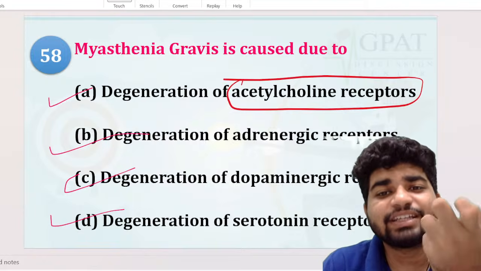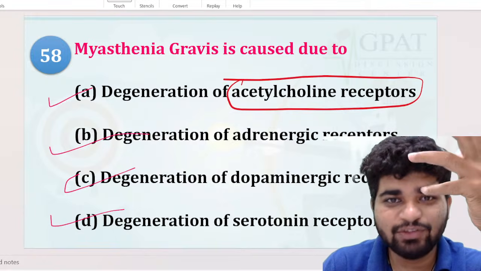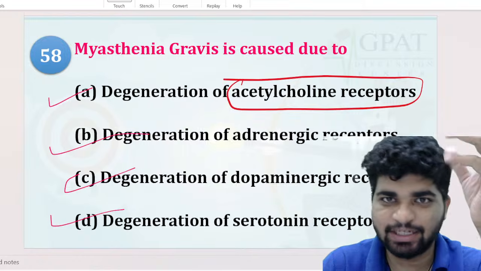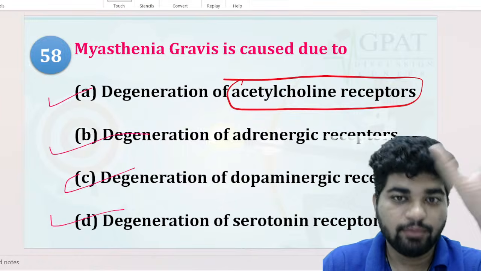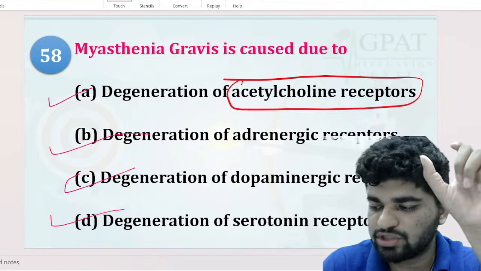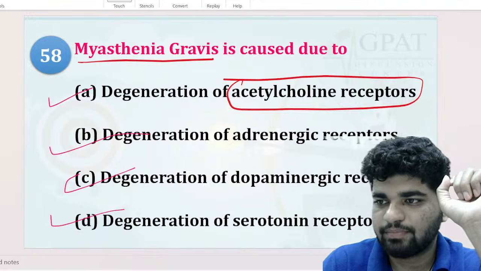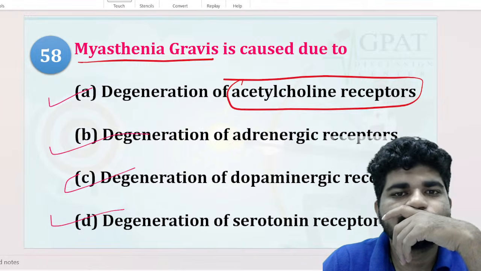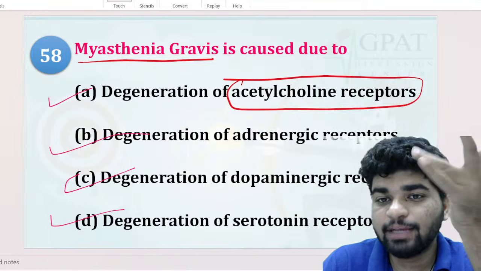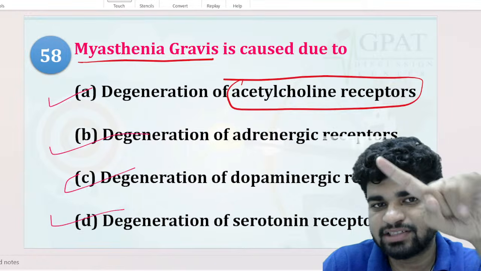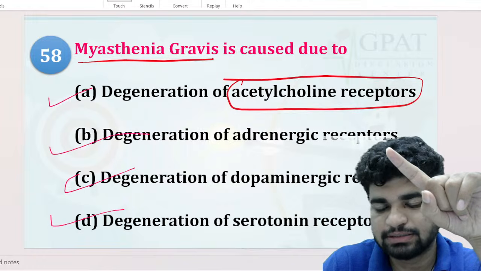But acetylcholine has plenty of receptors: nicotinic NM receptor, and muscarinic M1, M2, M3, M4, M5. Which exact receptor is associated with myasthenia gravis?